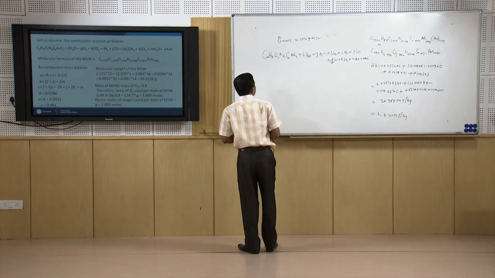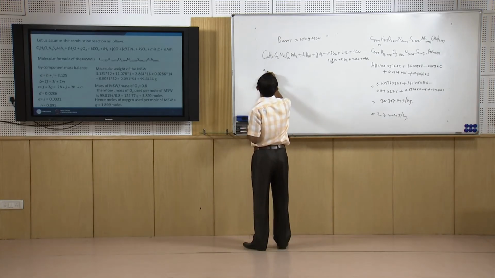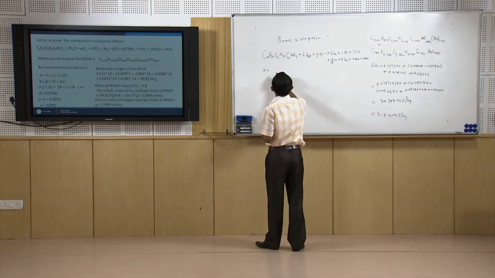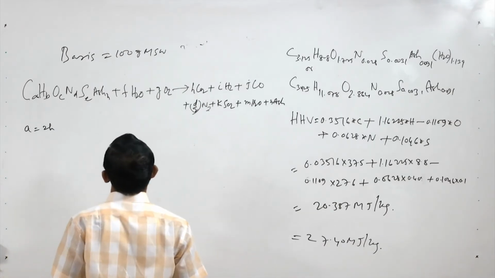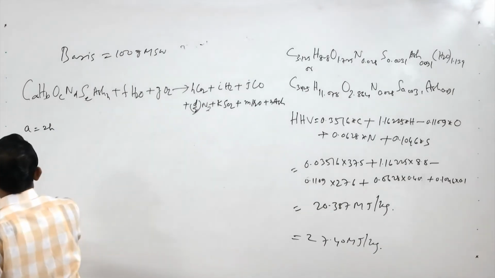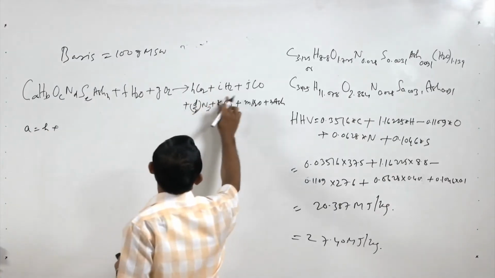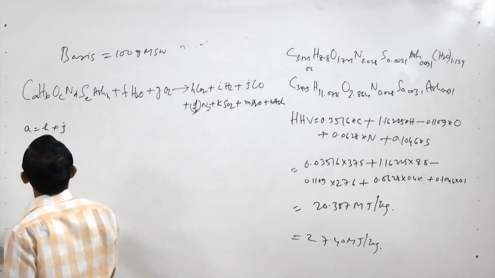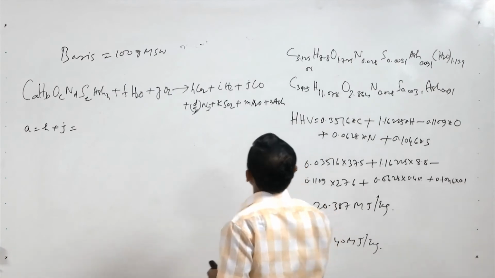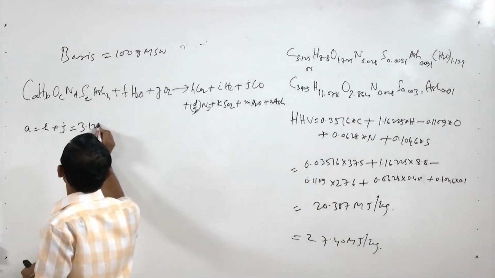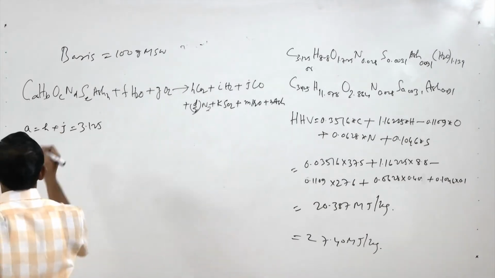If we do the elemental mass balance, for the carbon balance we can write A is equal to H plus J, and A we have got as 3.125. Next we do the hydrogen balance.